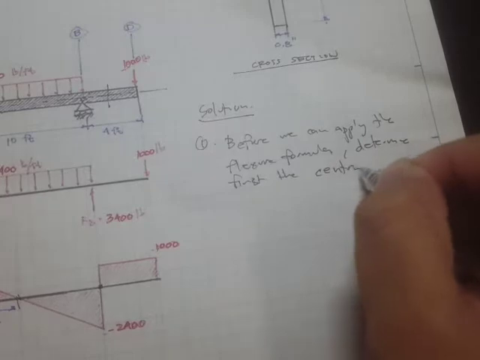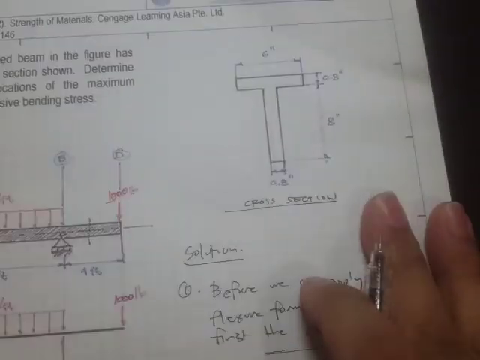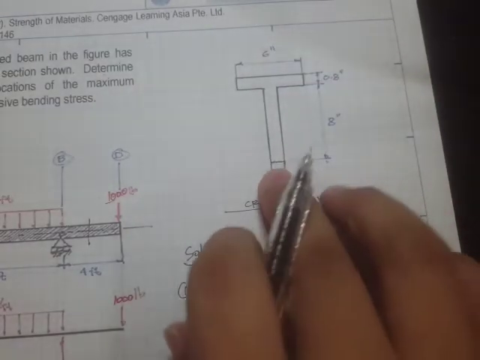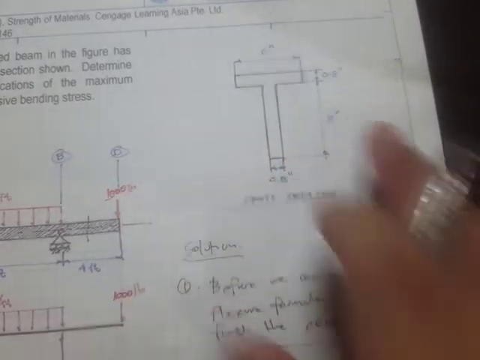We have to locate where the centroid of the section is, because it's not given, and this is not symmetrical, so it's not going to be halfway.